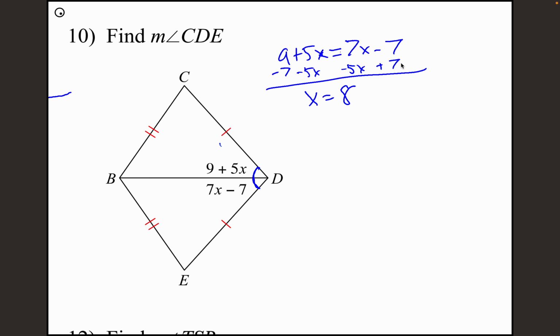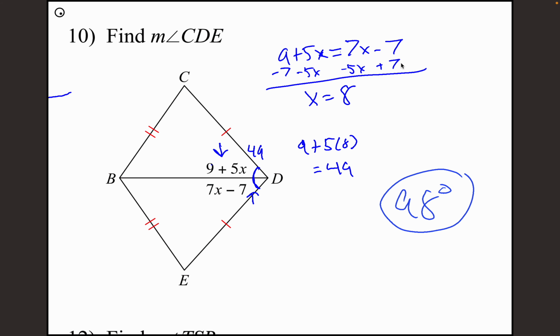So I got to plug it into one of them, all right? So when I plug it into 9 plus 5 times 8, what do we get? 7. No. If this is 49, what's my other angle? 49. So in order to find the whole angle, what do you do? Adam, you should get 98.